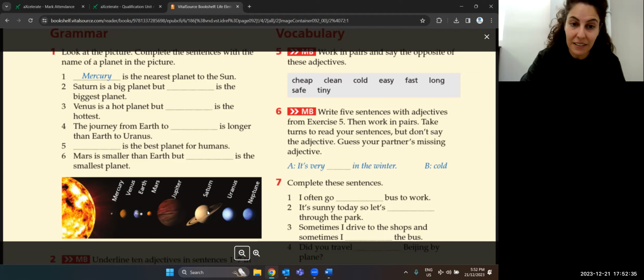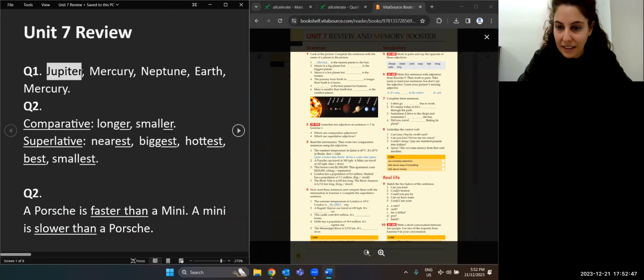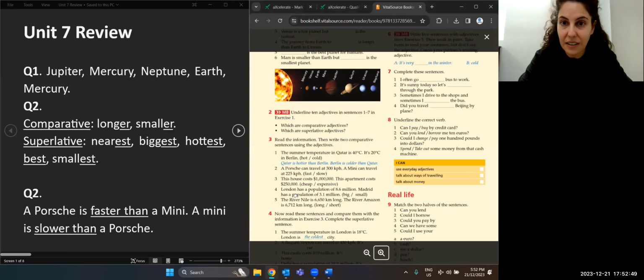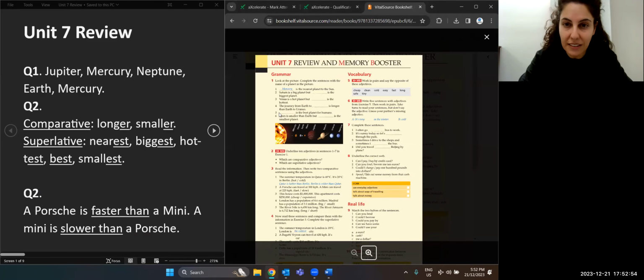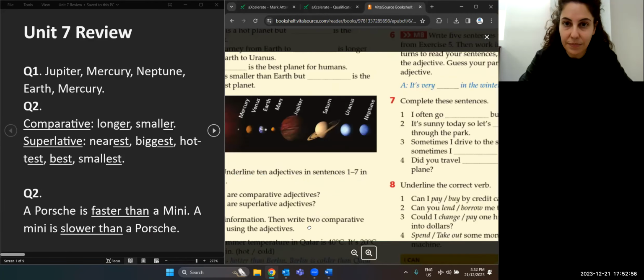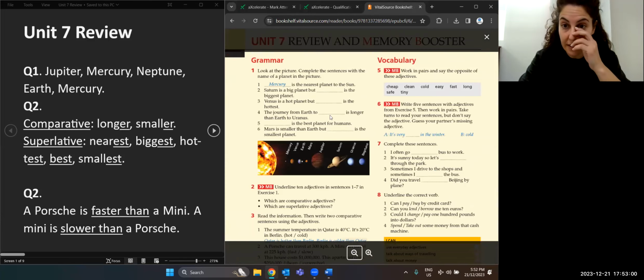Saturn is a big planet, but Jupiter is the biggest of them all. So we need to add an EST because, as I said, we are comparing. We want to make sure we're looking at the adjective because that's what we're learning. Biggest, EST. It's comparing it to many.